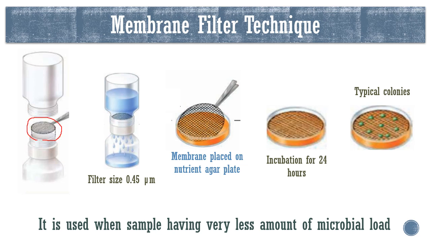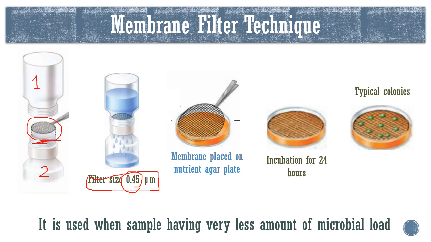That filter has a pore size of 0.45 micrometer, which is less than a bacterial size. One bottle is on the upper side and the second is on the bottom side, and between them a membrane, or we can say the filter, is placed.